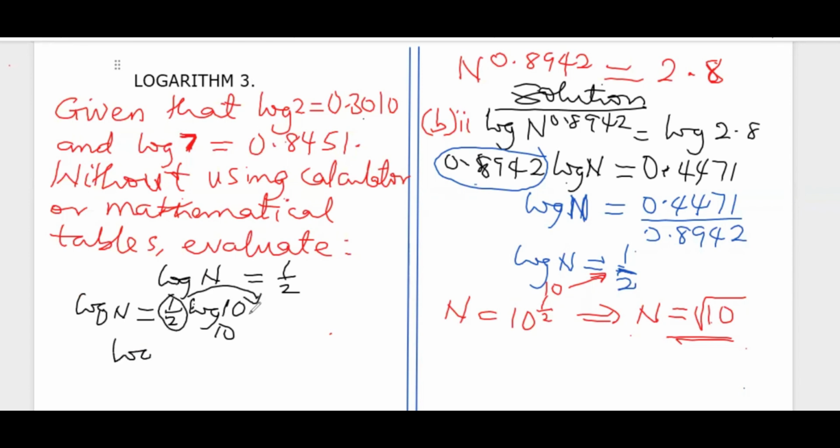So we have log of n equals log 10 to the power of half. But don't forget this one is base 10. Even the one here too is base 10. So this and this already go because we can equate the values in front, which is n equals 10 to the power of 1/2, which is square root of 10. We still get what we have there.